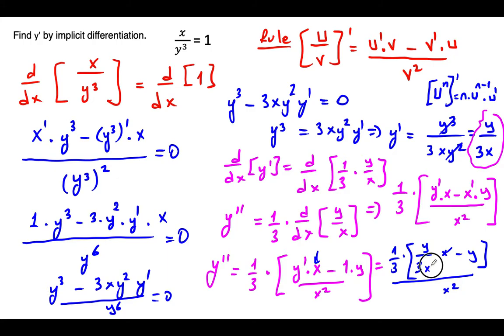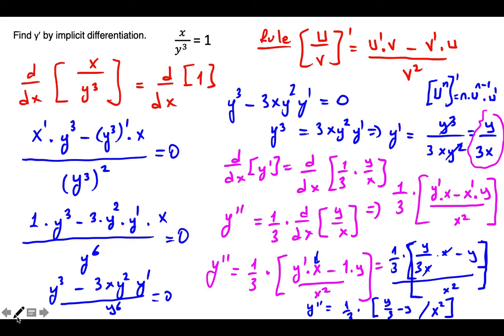So this and this, if I simplify, the final result: y double prime is equal to 1 over 3 times y over 3 minus y divided by x squared.